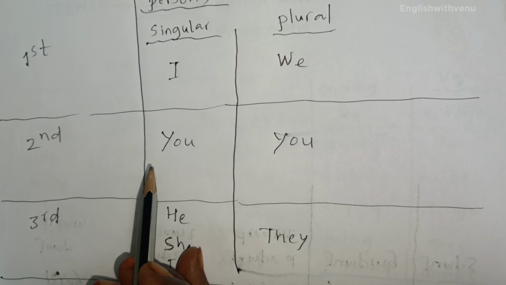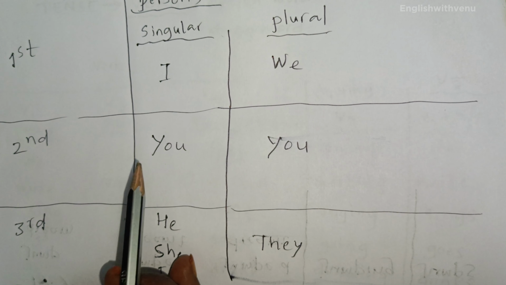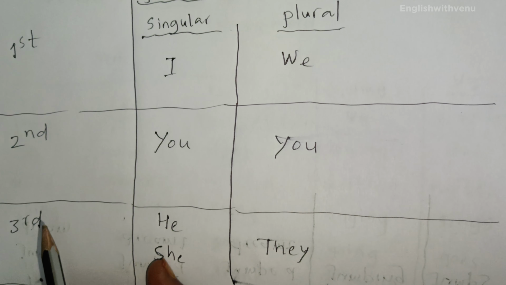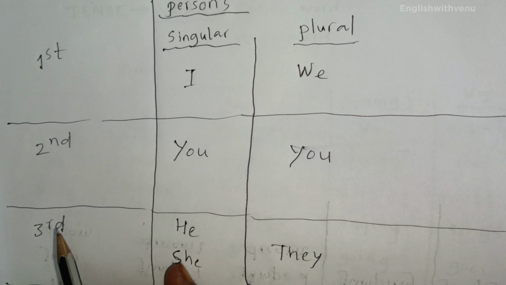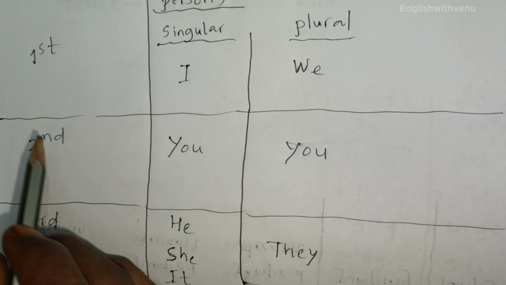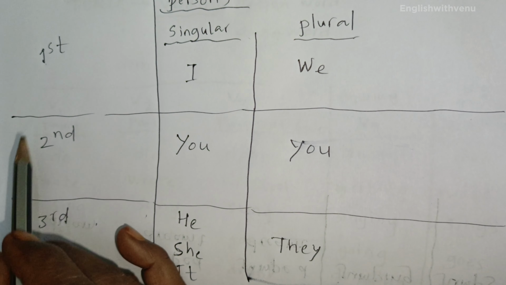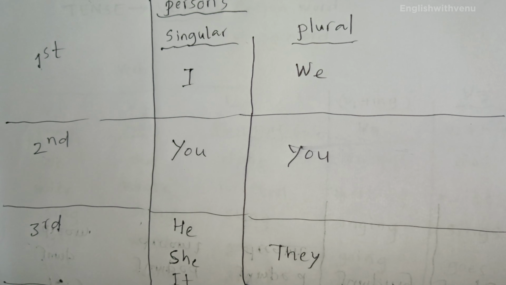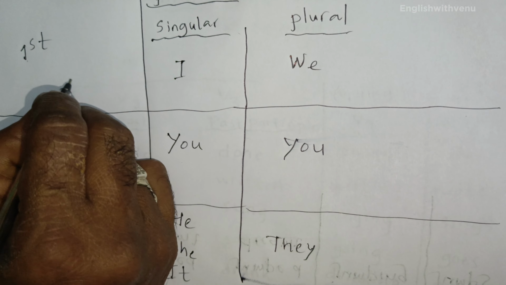Before we go into details of tenses, we need to get perfected in persons also. This is a very important aspect in English, to get perfected in persons. First person and second person and third person. And what is first person? Speaker.